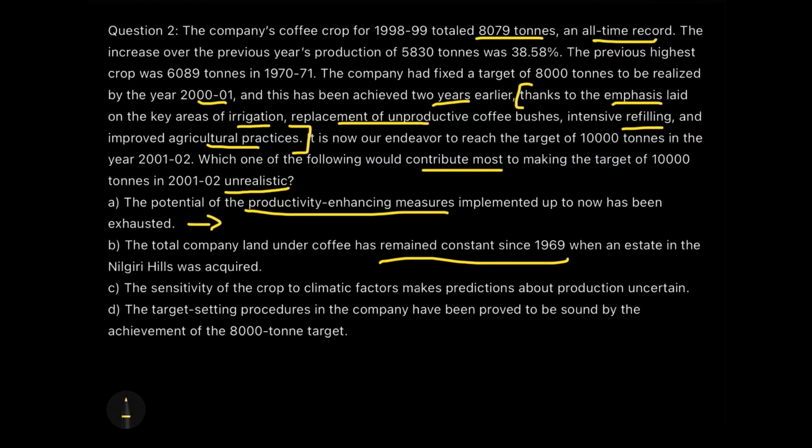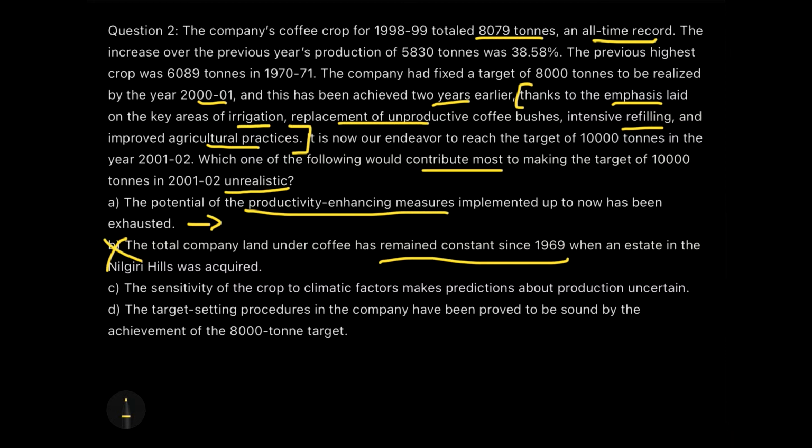So it is very much visible that the land has been the same but the production has kept on increasing. So since the production has kept on increasing on the same land, how can you say that this point will make it unrealistic for the production to increase? So that's why option B will go wrong.